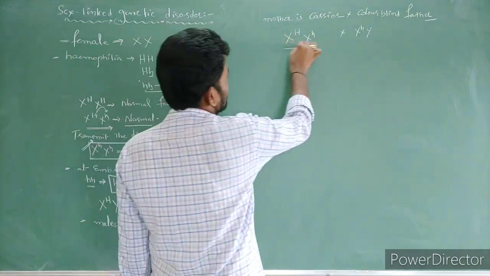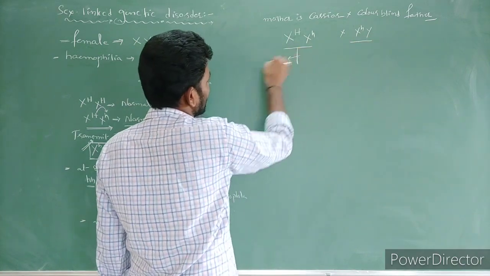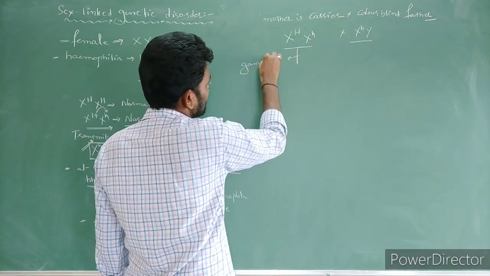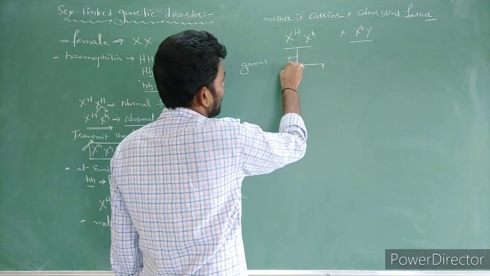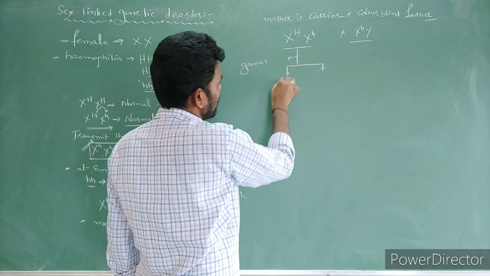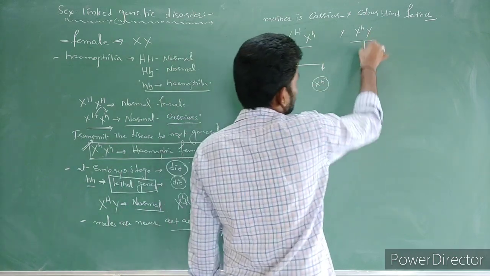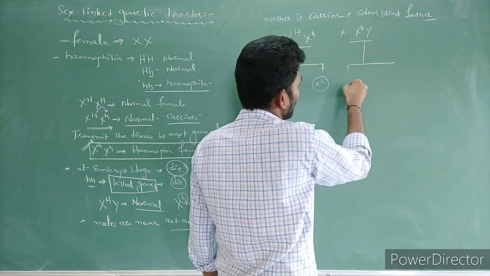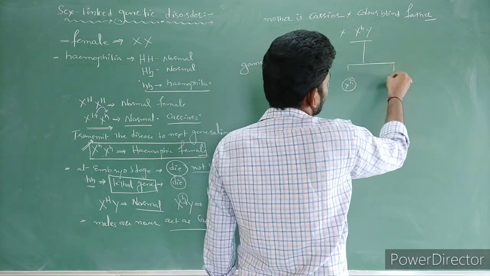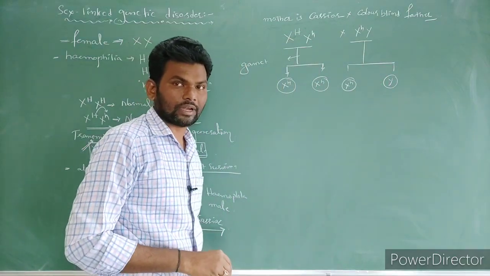Here this is diploid condition. Through meiotic division gametes are formed. Apply the Mendel knowledge here: haploid gametes, one H is formed, and here also one small h. In this case also two gametes are formed, one small h and as usual one Y chromosome not containing the hemophilia gene, right?